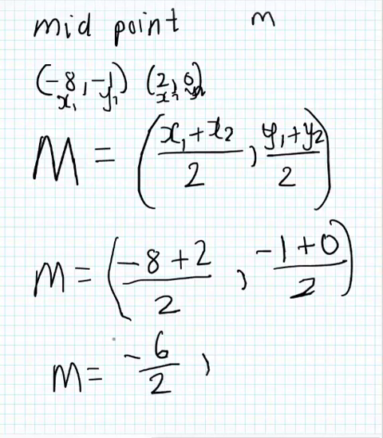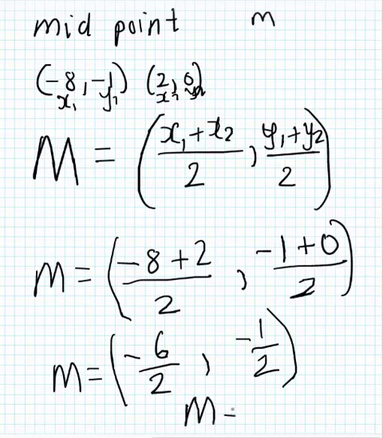And minus 1 plus 1, that leaves me with a 0 over 2. My x value, well, 6 divided by 2 is 3, and it's a negative. So the final answer would be, our midpoint is when x is a negative 3 and y is 0.